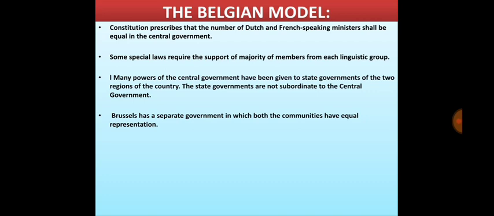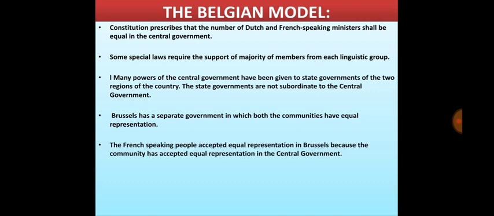And one unique thing also started by the Belgian model: Brussels has a separate government in which both communities have equal representation. The French-speaking people accepted equal representation in Brussels because the Dutch community has accepted equal representation in the central government.